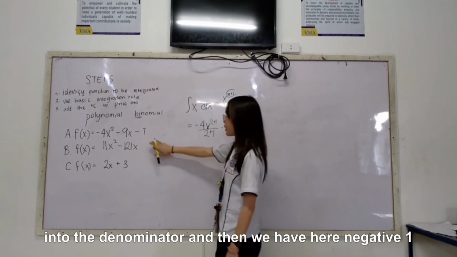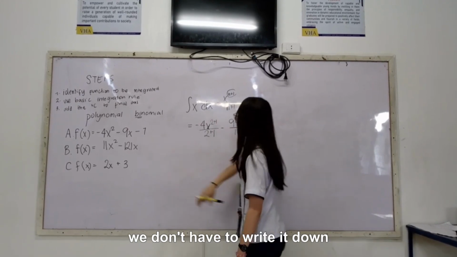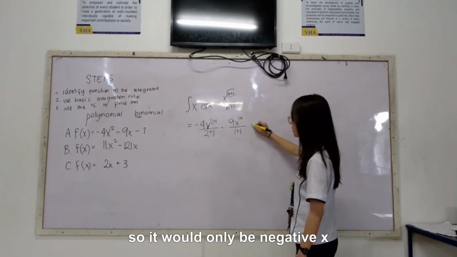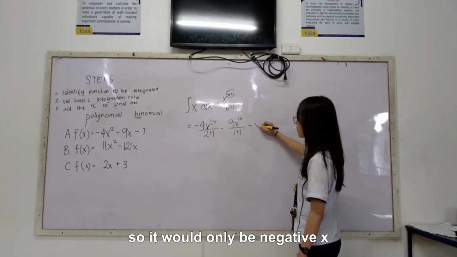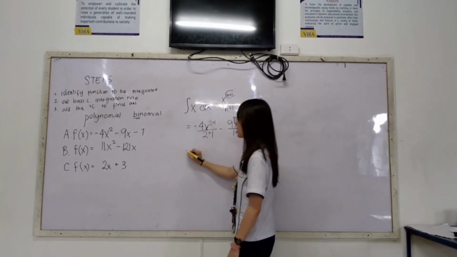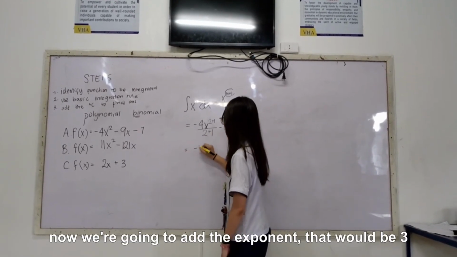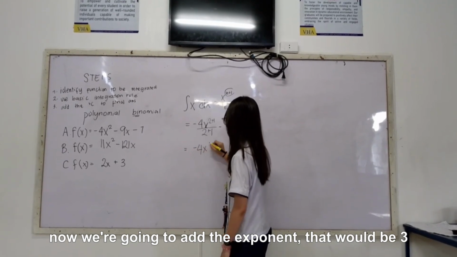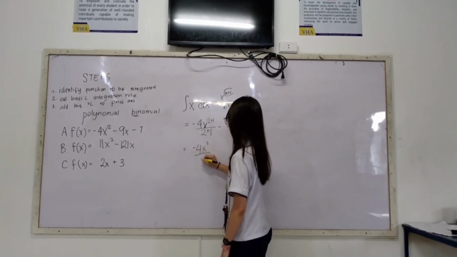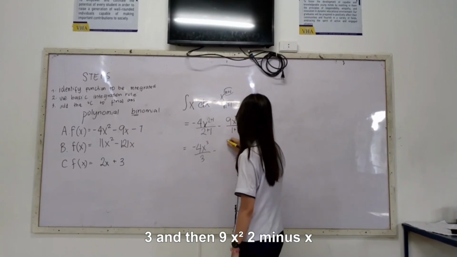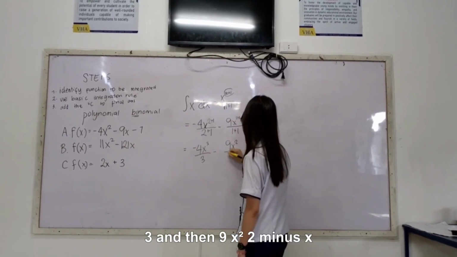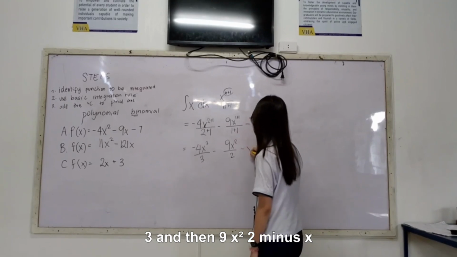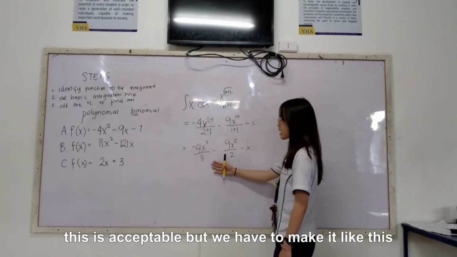And then we have here negative 1. We don't have to write it down, so it would only be negative x. Now we're going to add the exponent. That will be 3. And then 9x squared over 2, minus x. This is acceptable.